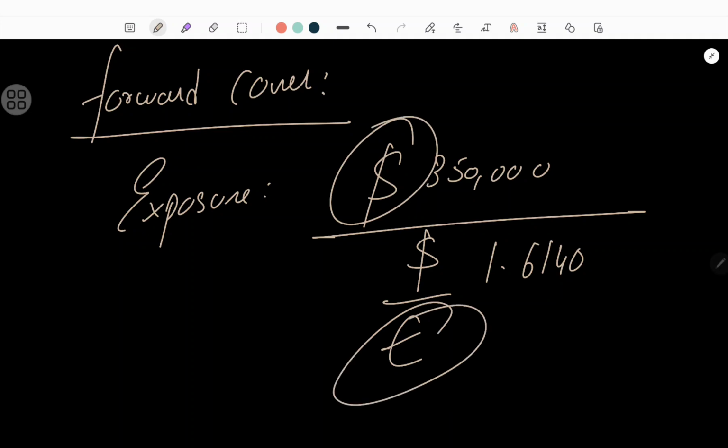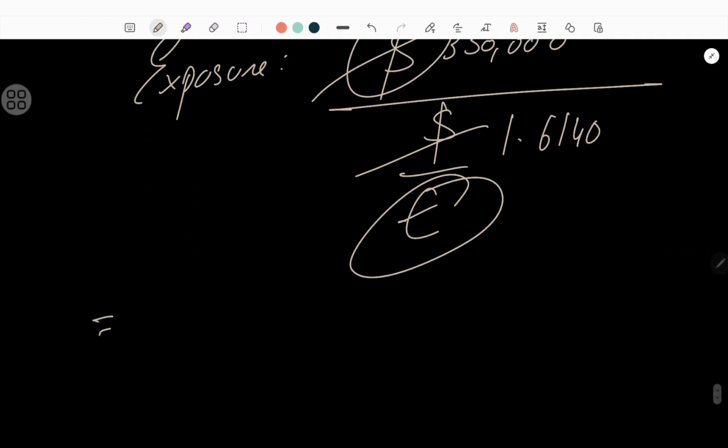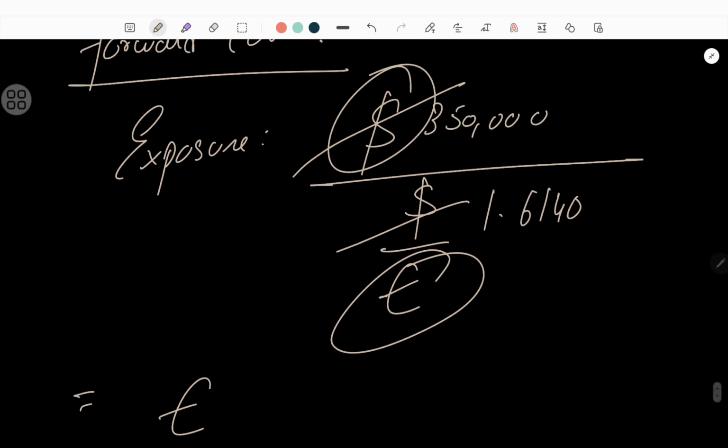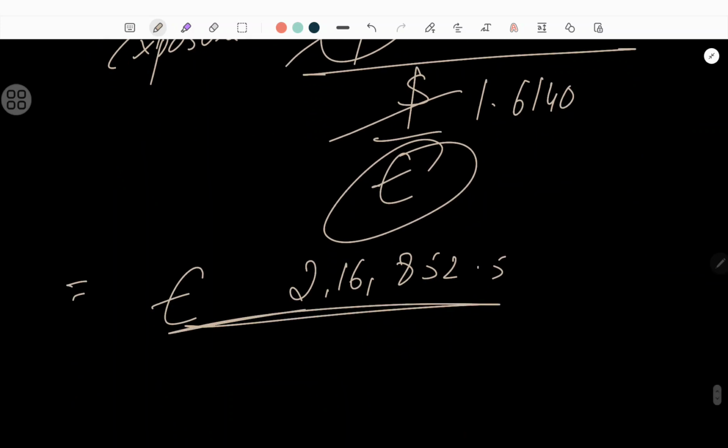So in order to cancel out the common currency, in this case dollar, I have to divide. Got it? Only then I'll get the equivalent pounds. Now what is the equivalent pounds? Let's divide. 350,000 divided by 1.614, right? Which is 216,852.5.